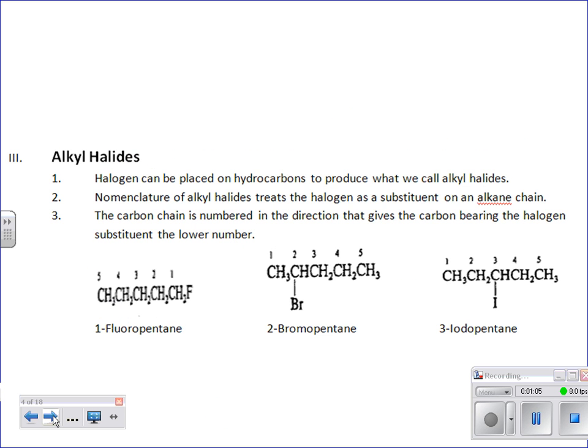You can also have alkyl halides. You saw this last unit. We just kind of stuck those in and you guys figured them out. We can have any of those halogens and we can just tack them on in place of a substituent group. So you count your chain of carbons and you just tack on a fluoro, chloro, bromo, or iodo and you number it.